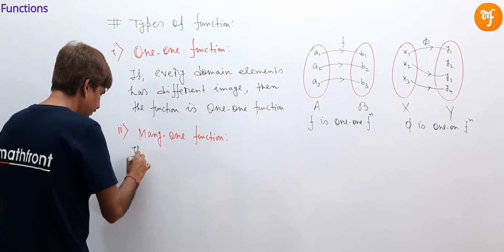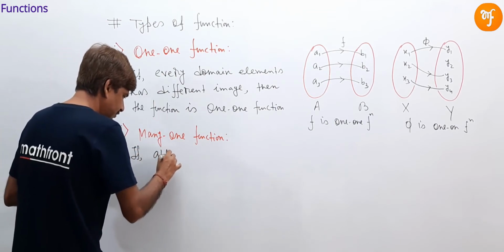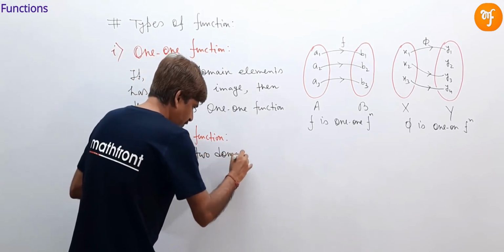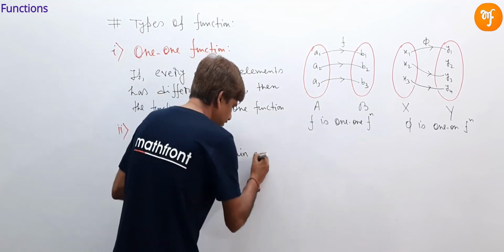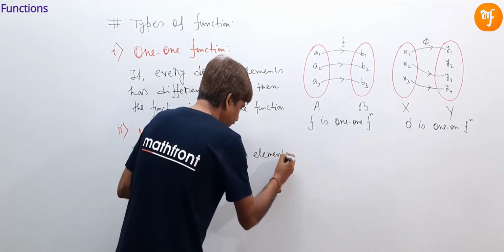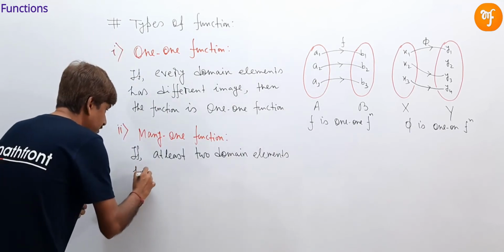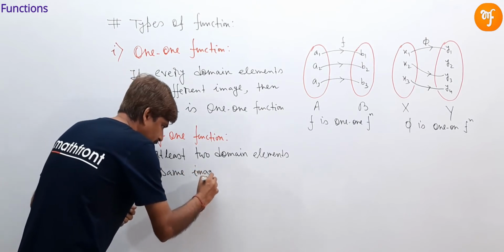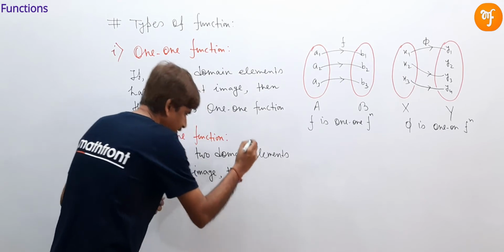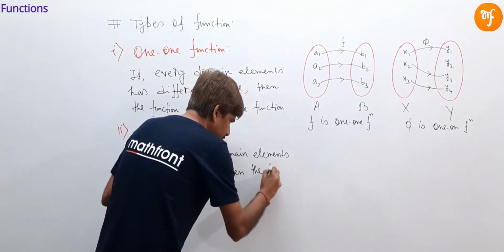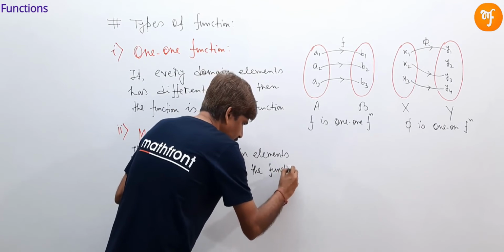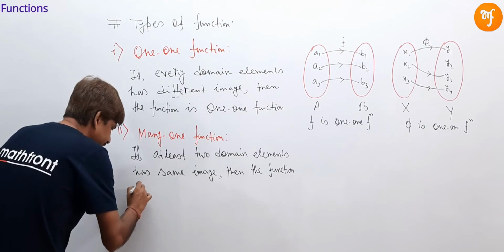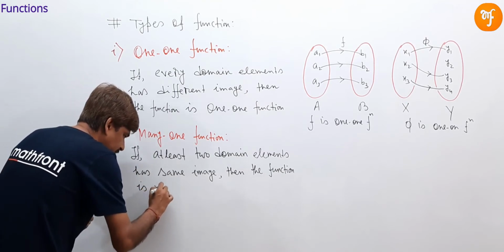if at least two domain elements have the same image, then the function is known as a many-one function, or the function is many-one.